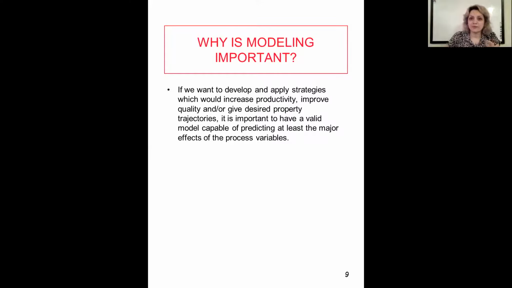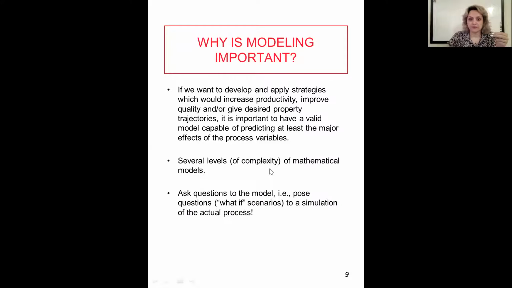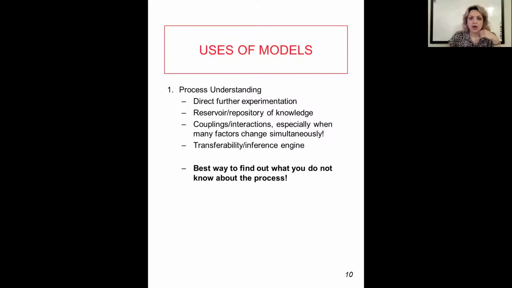So we need to consider all of the different valid steps in the modeling. We have several levels of mathematical models. You can pose questions to the model, like what-if scenarios, up to simulation of the actual process. The uses of a model are good for process understanding.